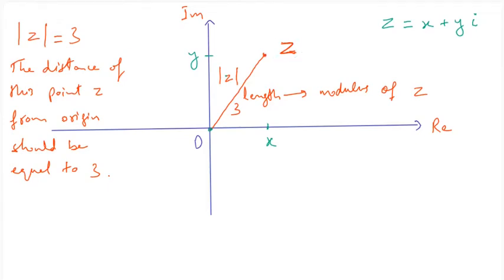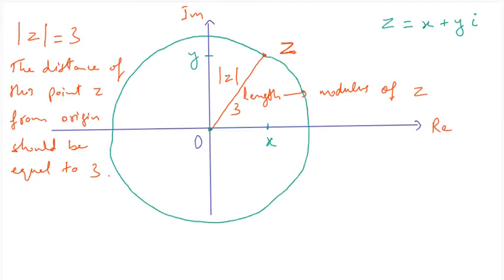This point z can be anywhere on the circumference of this circle that I've drawn here. Okay? Does that make sense?